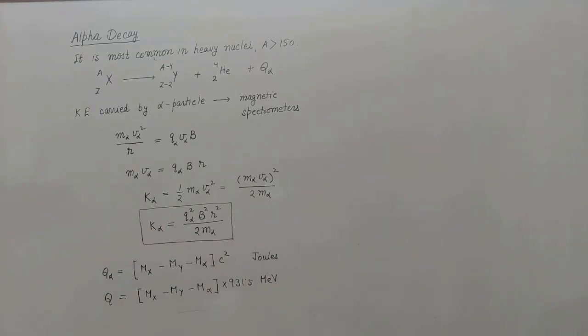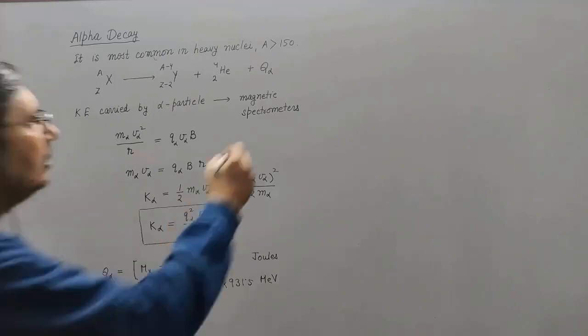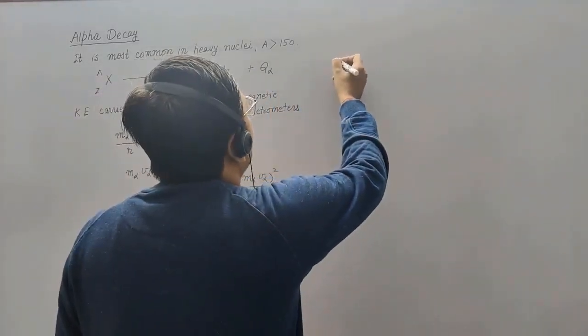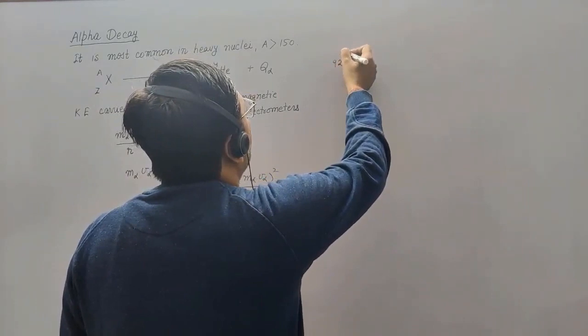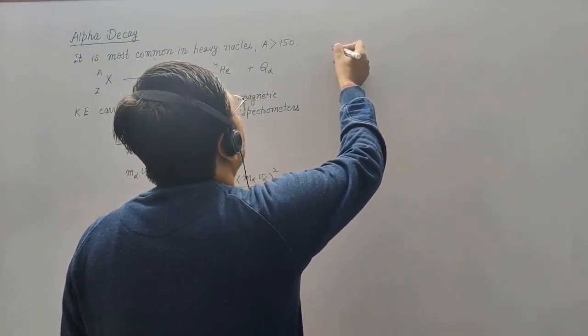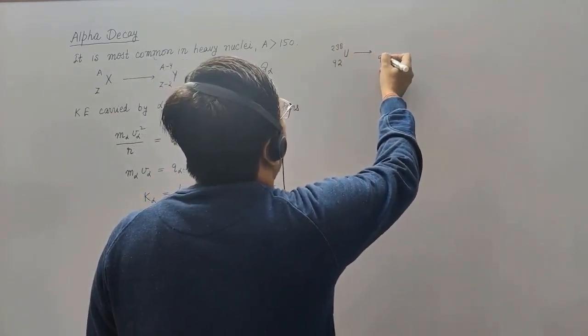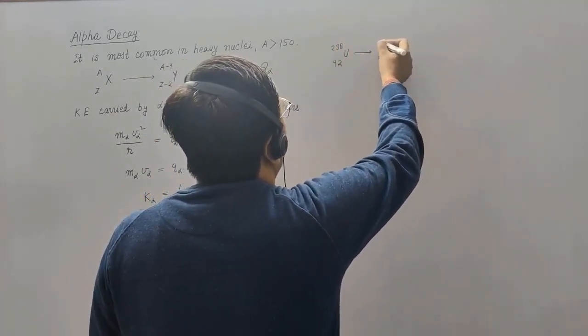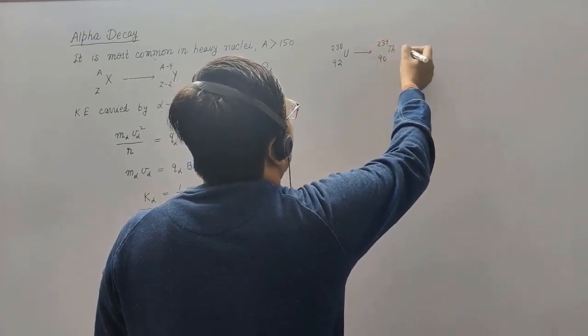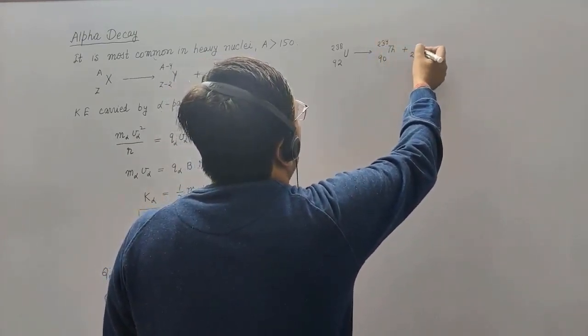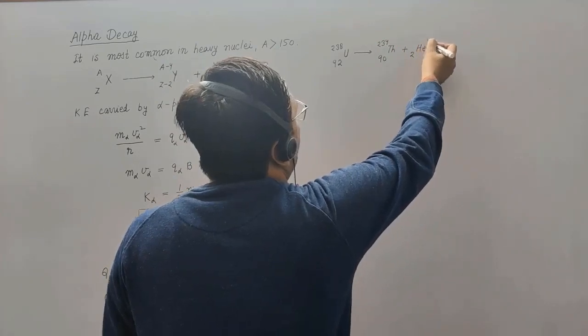Now we want to find out the estimate of this Q alpha. What will be Q alpha in general? So for this, we can take an example of 92 uranium 238. So it will emit an alpha particle and it will convert into 90 thorium 234 plus 2He4.